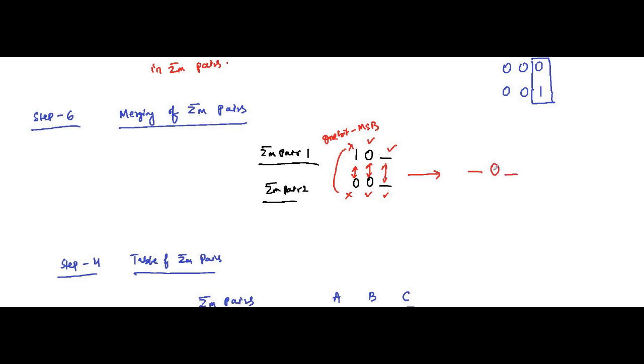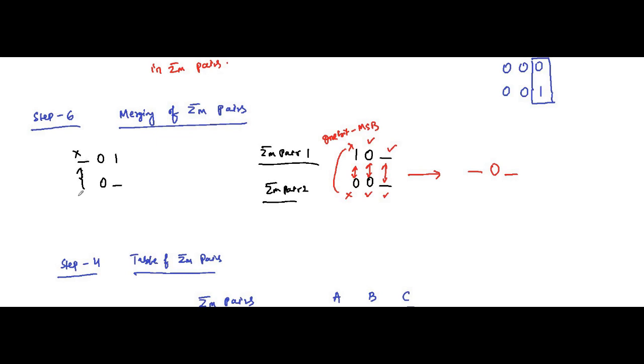So dash 0 dash. This is the binary equivalent. Let us take another example. Here let's say it is dash 0 1, here it is 1 0 dash. So here if you see, it is not identical, it is different.